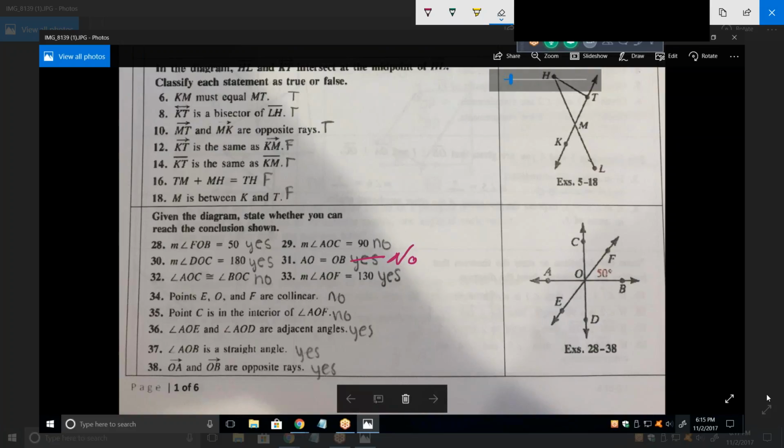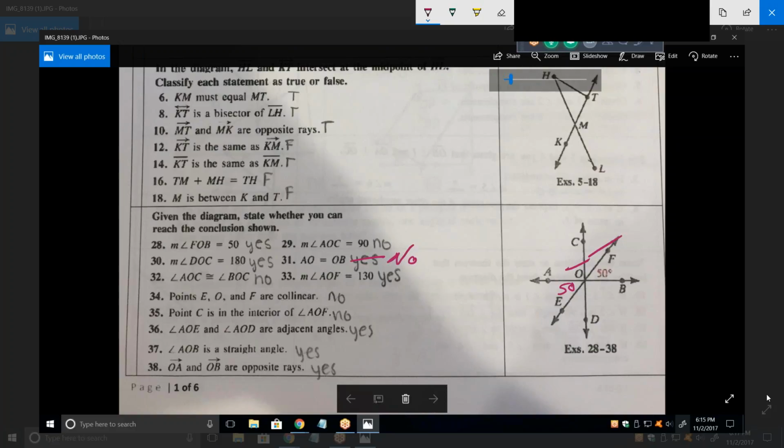We don't know what this angle is, or this angle. We can tell that that's 50 because that's a vertical angle. And I know that DOB is the same as AOC, but I don't know what it is. I don't know if it's 90 or 91 or 89.